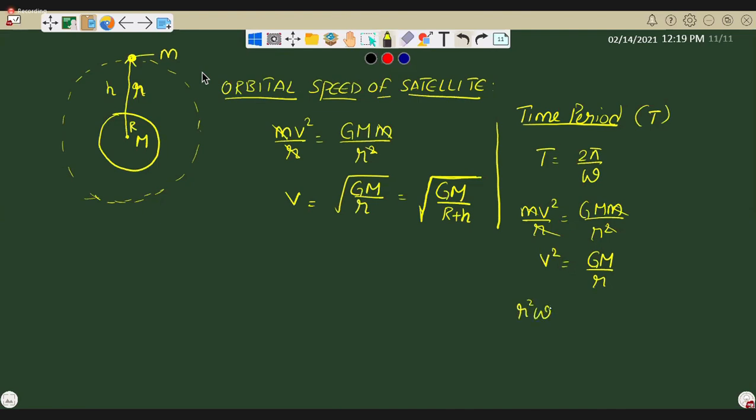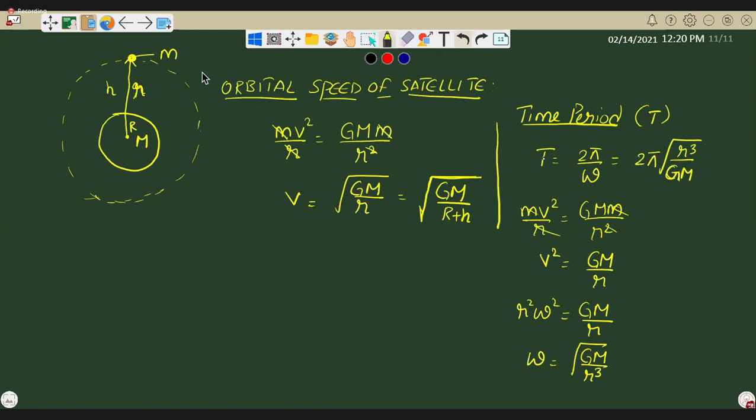So r squared omega squared is equal to GM divided by r. From this, omega is equal to under root GM divided by r cube. Understood? So place it here: T is equal to 2 pi under root r cube divided by GM.